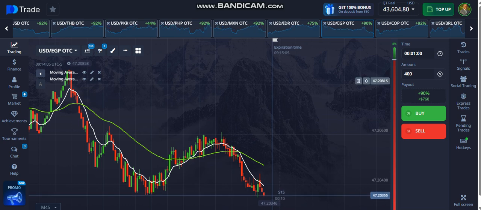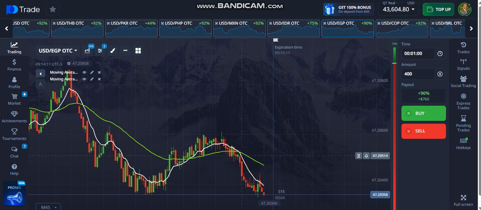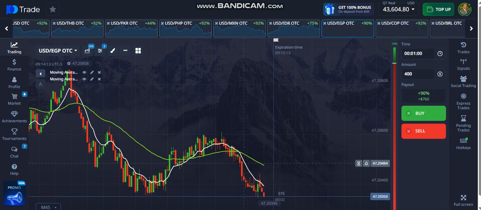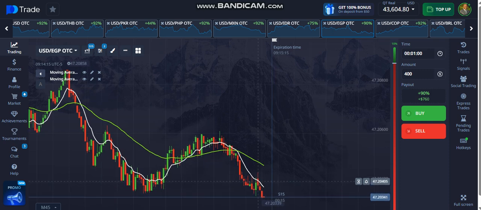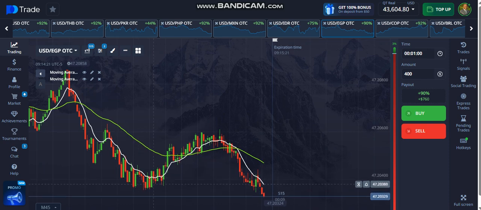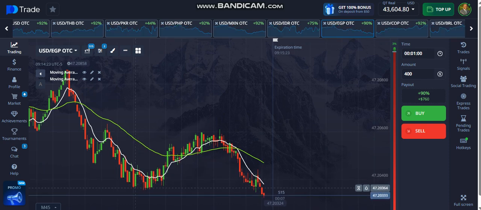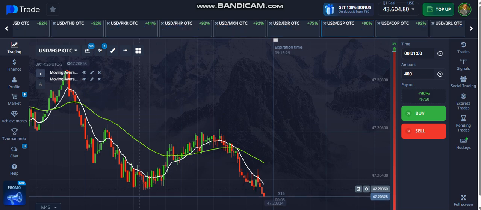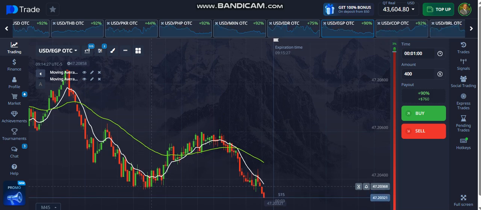Here's another aside, folks. I didn't take this trade. You see here the 10 crossed the 50 EMA here. And then when it retraced back, well, it looks like maybe I should have taken the trade, but I didn't take the trade because the price was coming upon a level of support here.